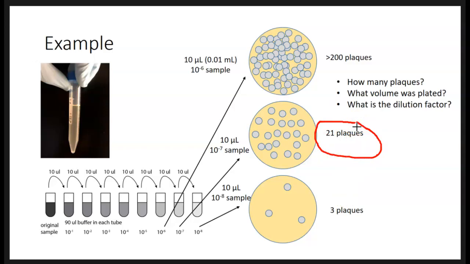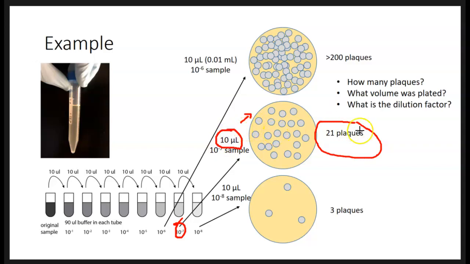We have between 20 and 200 plaques on the plate. Those plaques were started by a plaque-forming unit, a particle in this sample that we used for the plaque assay, that turned into a plaque when we put it on the plate. Remember, all those plaque-forming units were present in this 10 microliters of sample that we actually used.